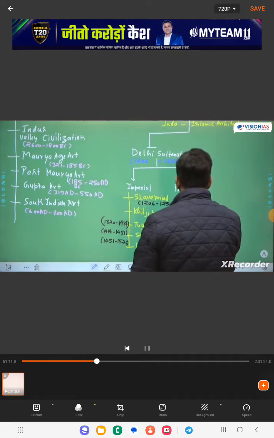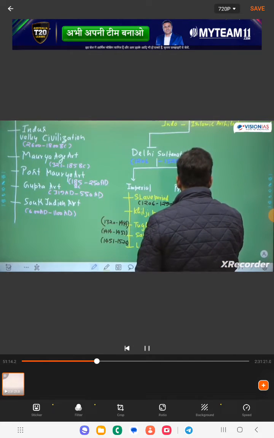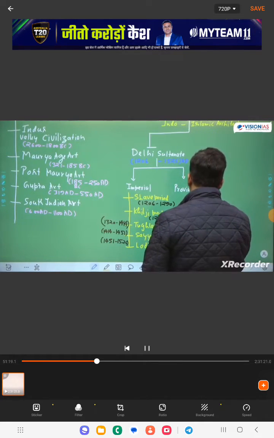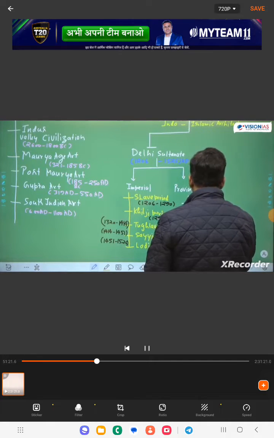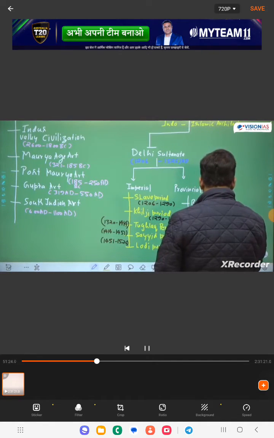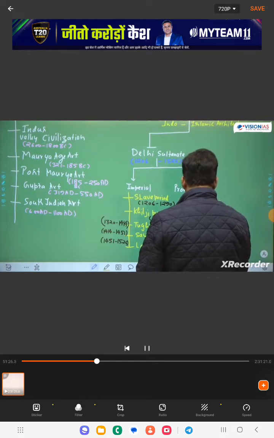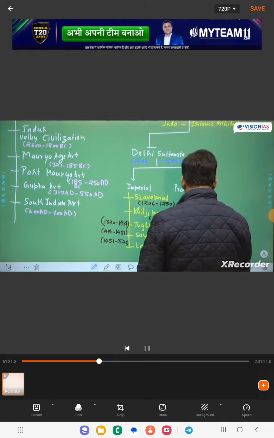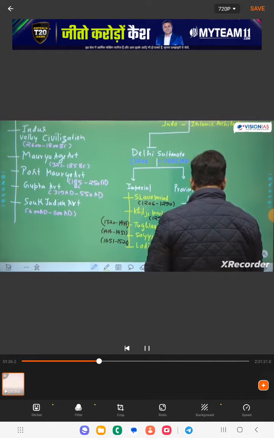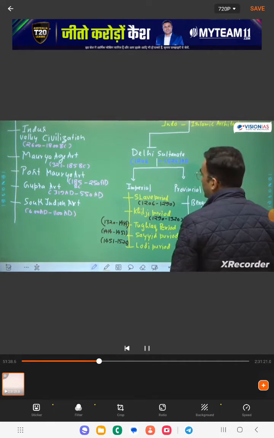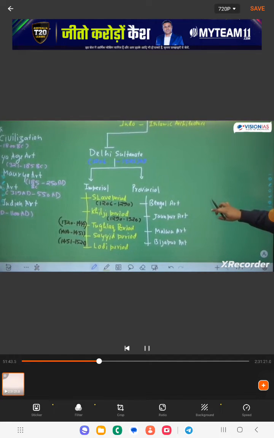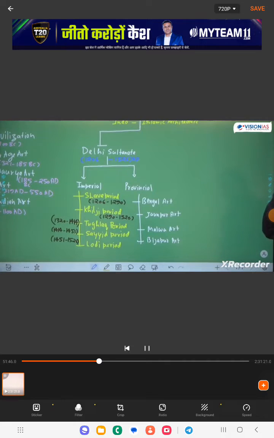So the provinces would be, let's start with the Bengal art, then after Bengal, Jaunpur art, Malwa art, and the last one would be Bijapur art.